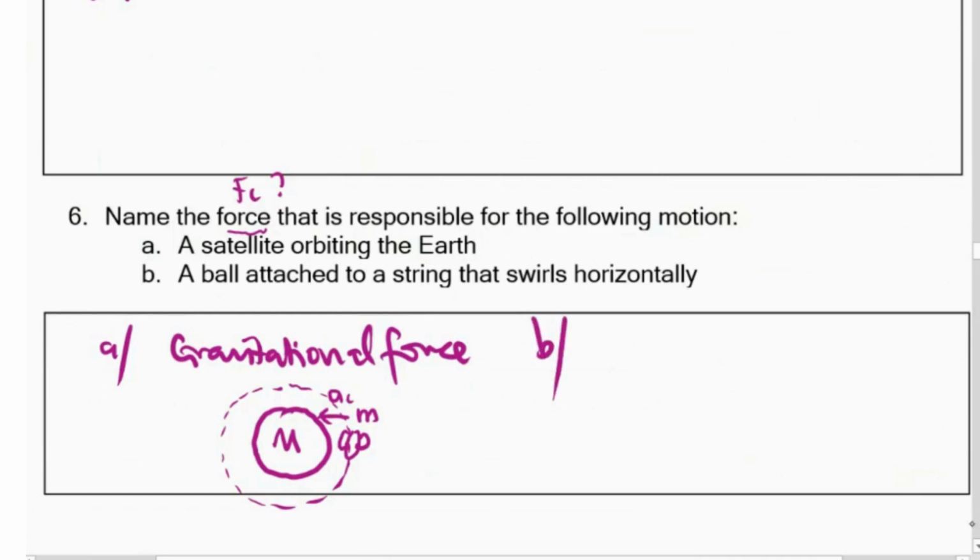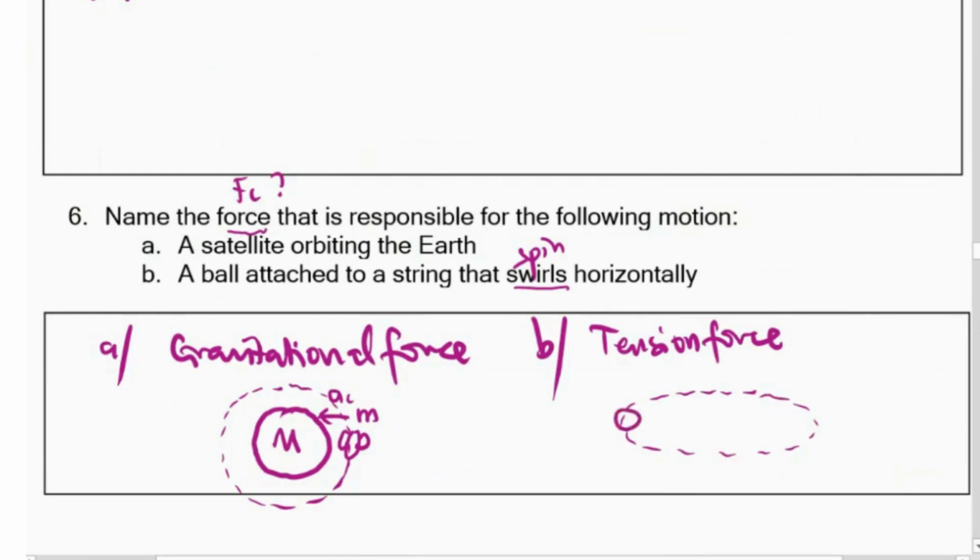B, a ball attached to a string that swirls. Swirls means spin, the same vocab, spin horizontally. In this case, the answer is tension force, because horizontally means a horizontal circle.